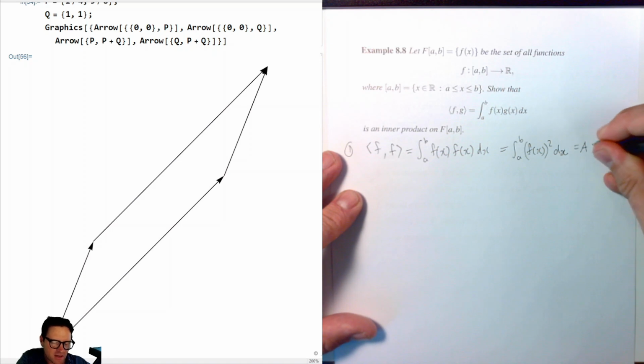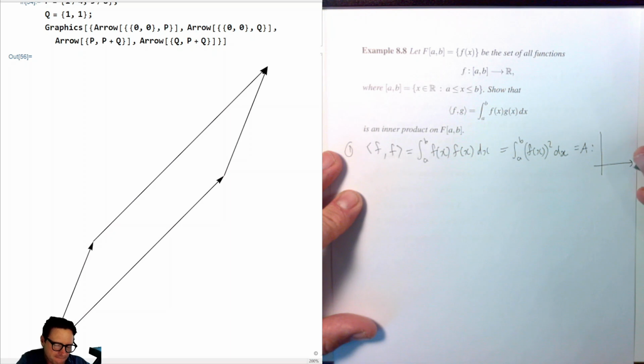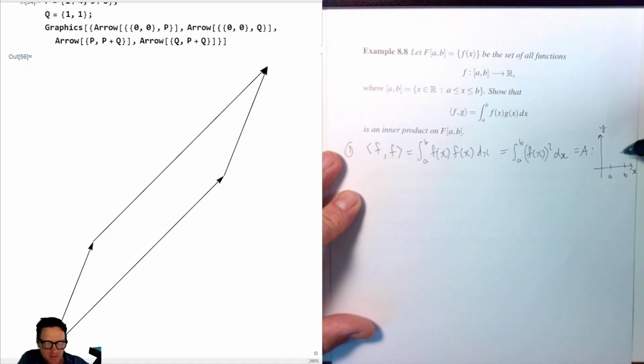So this is an area. Put a there and b there in our diagram. And so we have some function, might look like this. So this represents the following area.